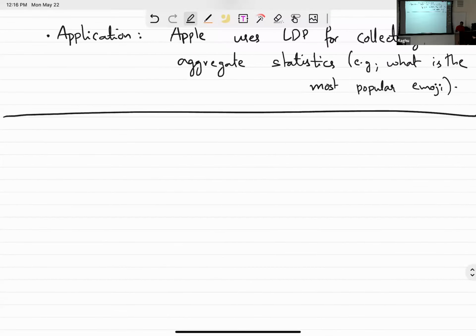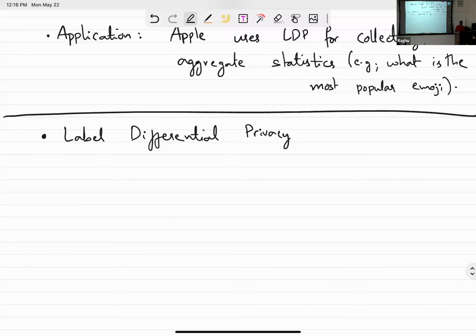That's one variant. Based on many different applications, you need different variants of differential privacy. For instance, there's something called label differential privacy. Label differential privacy just means that not all the features in my vector are really sensitive.